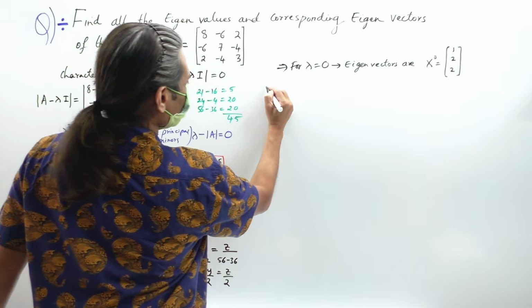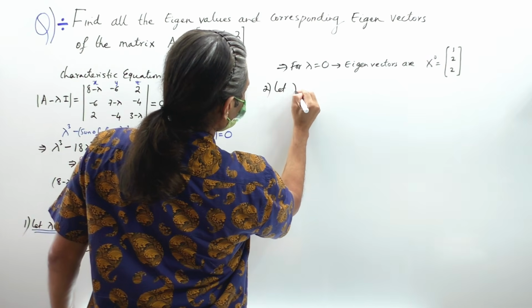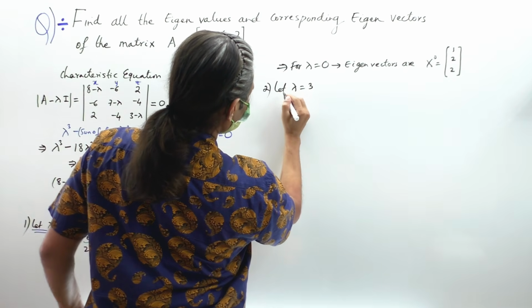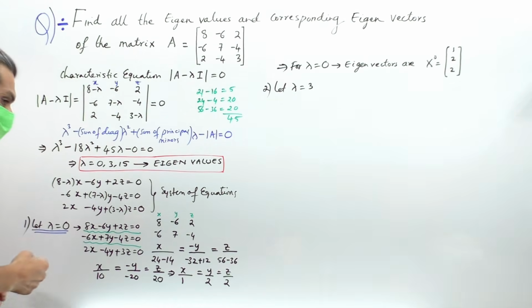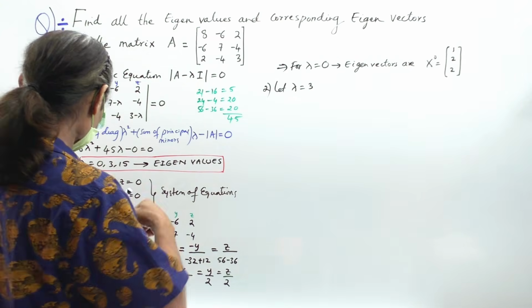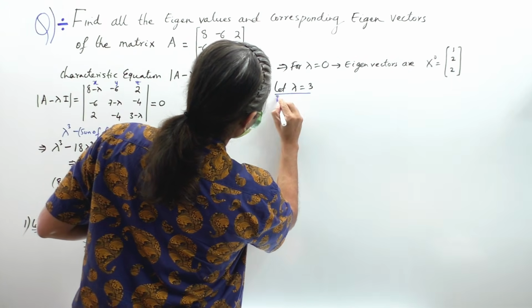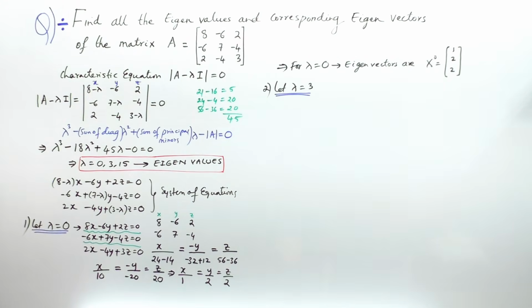Now, second case, let lambda is equal to 3. Same circus we will do. Put it here.